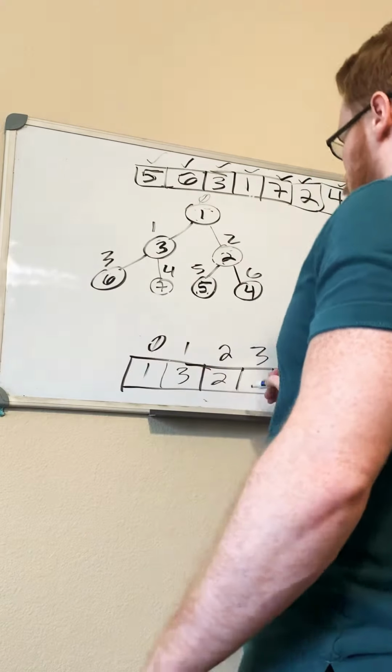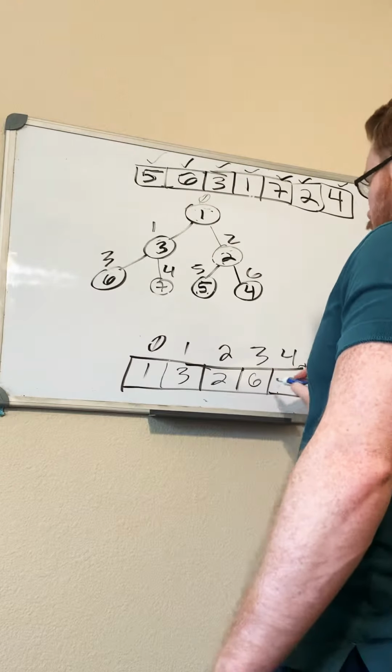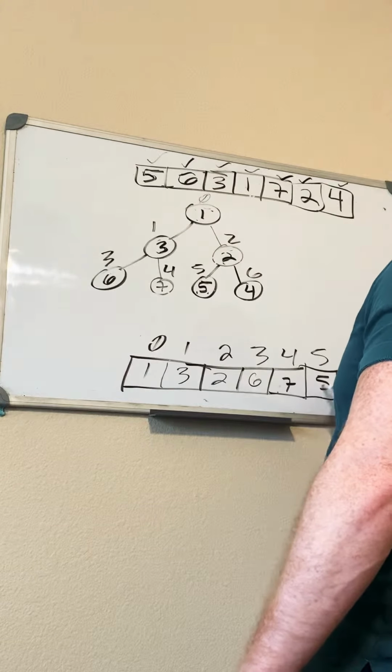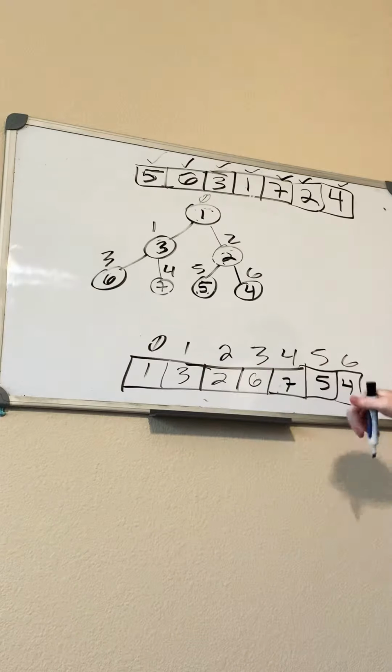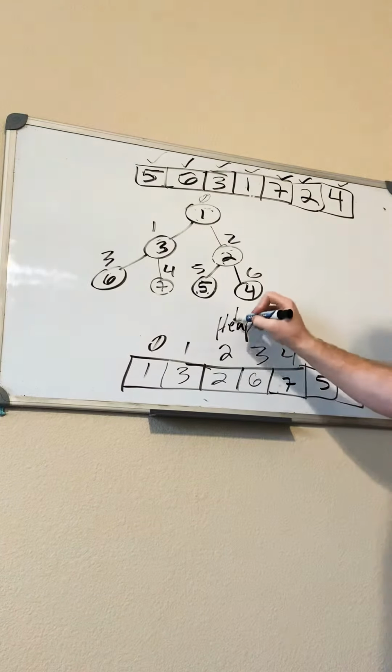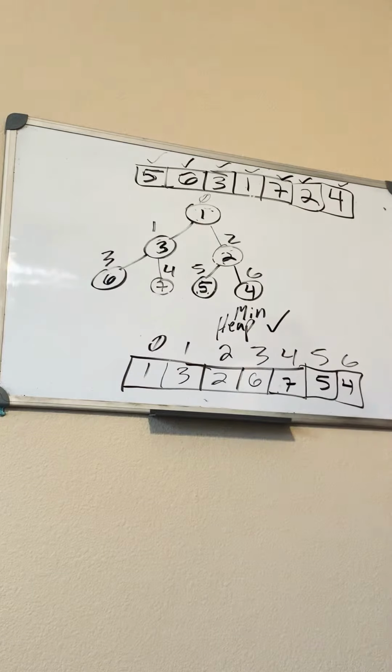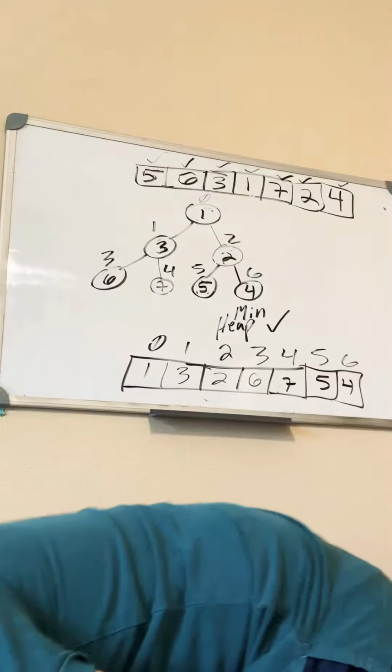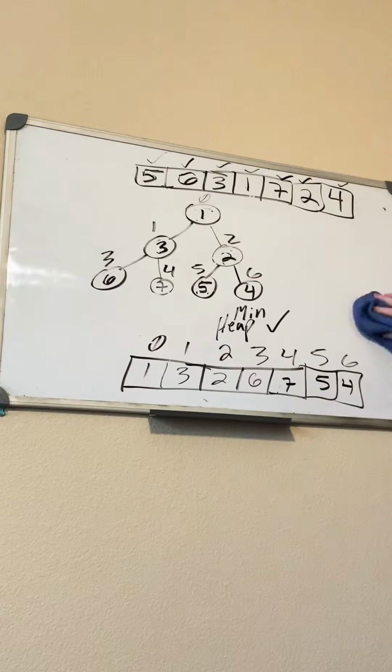So 1, 3, 2, speed up here a little bit, 6, 7, 5, 4. Okay, so that will be the aftermath. This will be a heap, a min heap, and it's using an array data structure, which is great for memory compared to a linked list or a tree type structure.